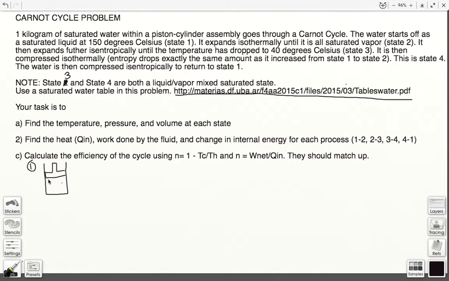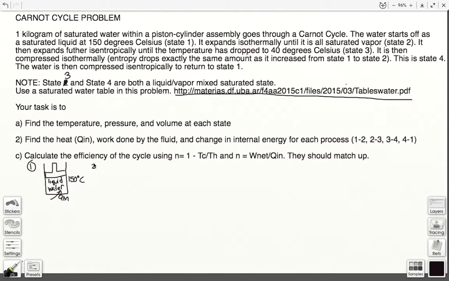Inside we have liquid water. It's saturated and at 150 degrees Celsius. Now we have some heat coming in that causes it to expand isothermally until it is all saturated vapor.